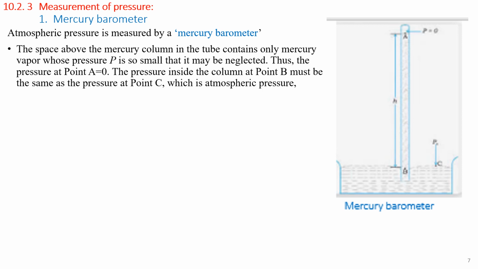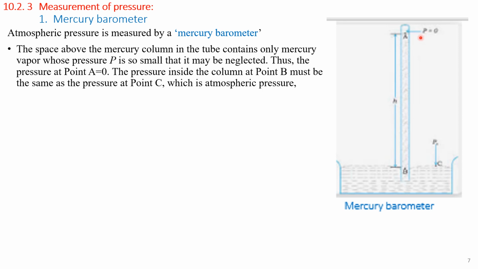The space above the mercury column in the tube contains only mercury vapor whose pressure is so small that it may be neglected. Thus, the pressure at point A is P equal to 0.